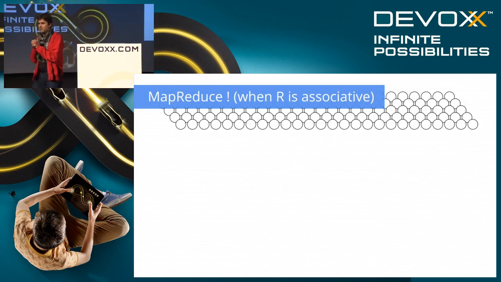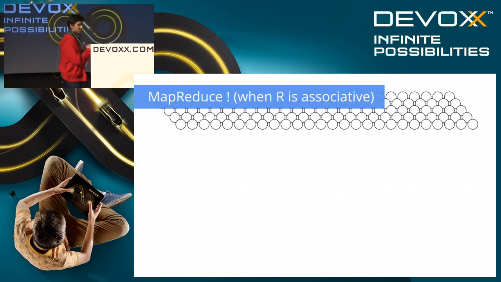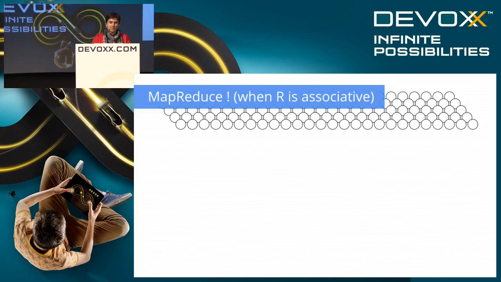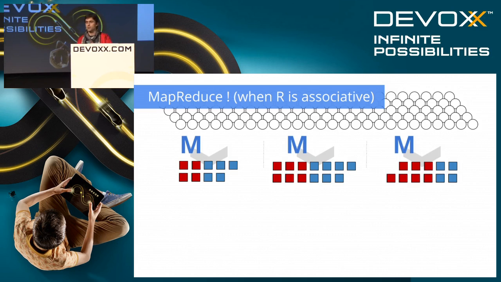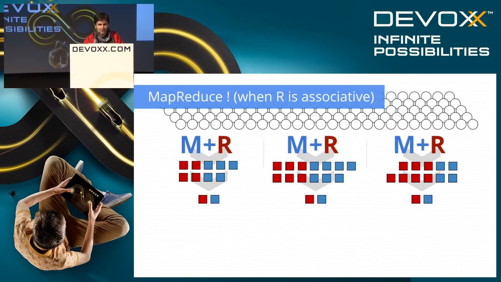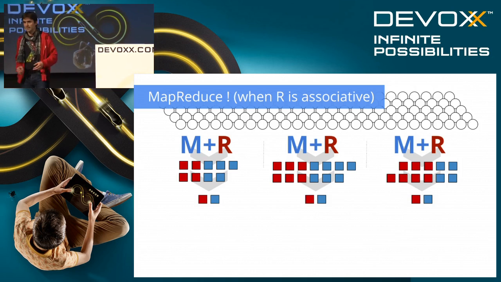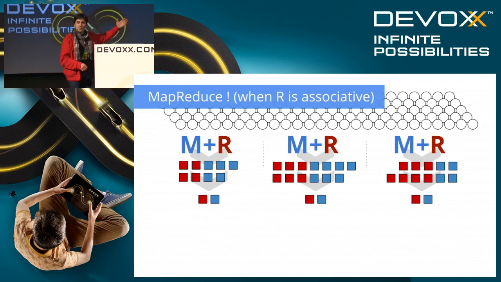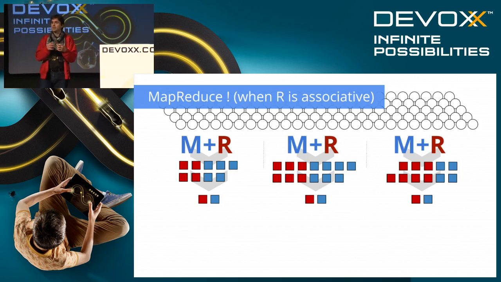There is actually something magical that happens when the reduce step is associative. Again, I do my mapping, and I have my key-value pairs, processed data with red and blue as keys. But now, if the reduce step is associative, an addition for example, those mappers can already sort my elements by keys, put all the similar keys together, and start adding them.